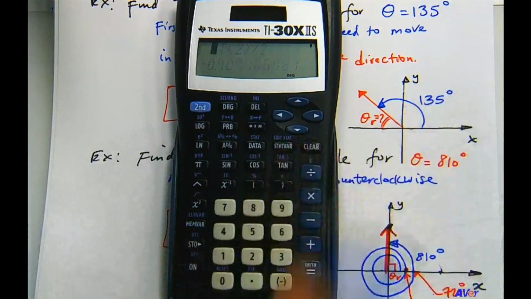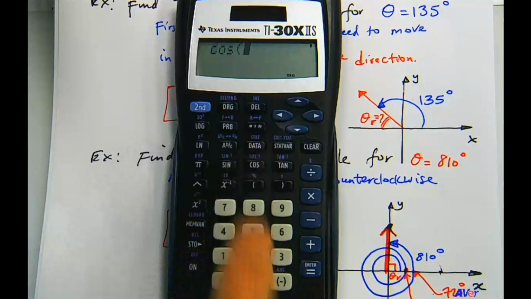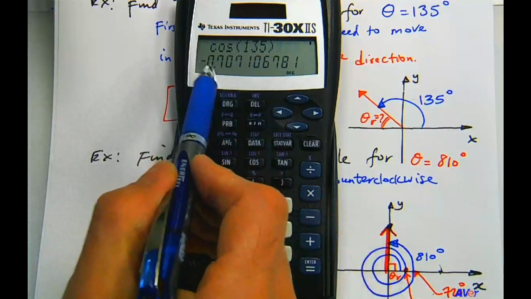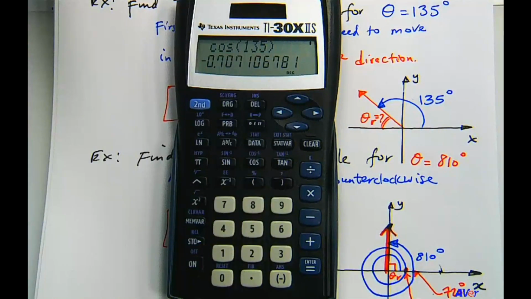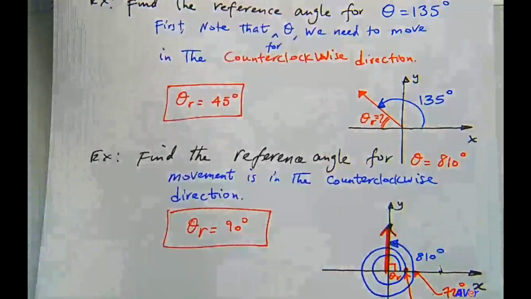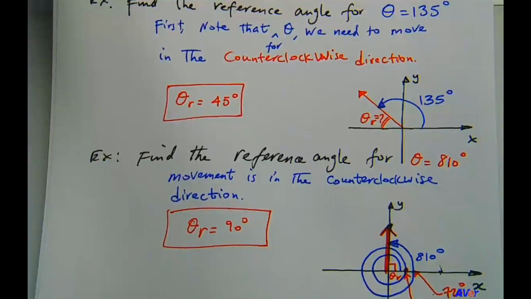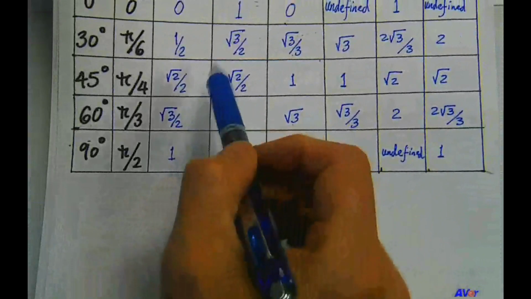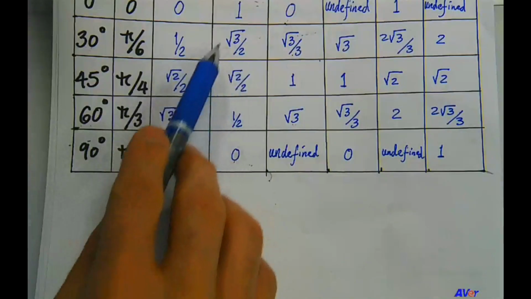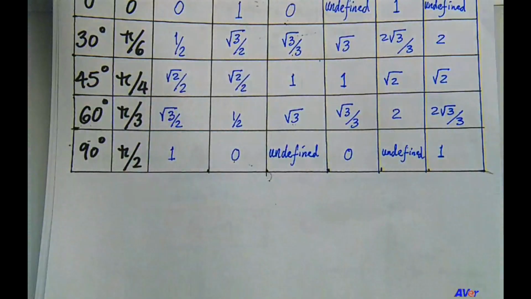But now let's do it using these functions. Cosine of 135 degrees is minus 0.707106 and so on. You see that? So the reference angle is only going to help you figure out the measure of the original angle in an absolute value version of it.